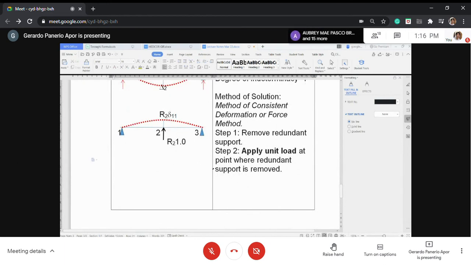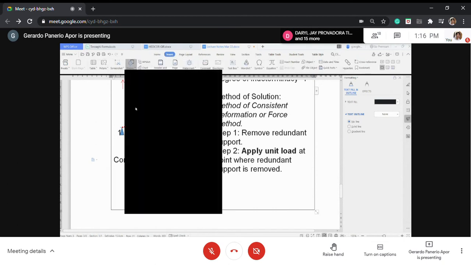So, compatibility equation, this is the compatibility equation. You just sum this.